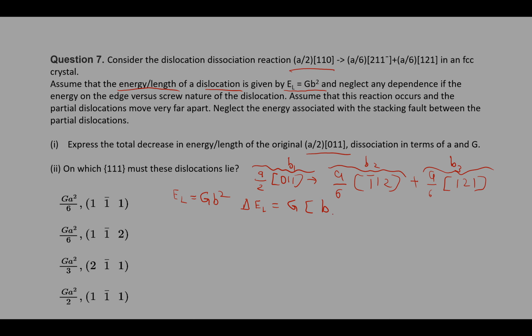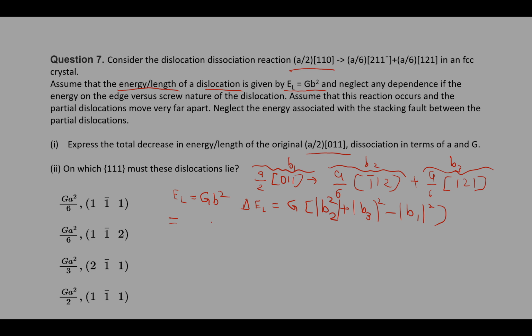So b final will be b1 square plus b3 square, minus b initial square, like this we have to do. And how can we calculate this b2 square? We have already calculated it last time, so it is easy.